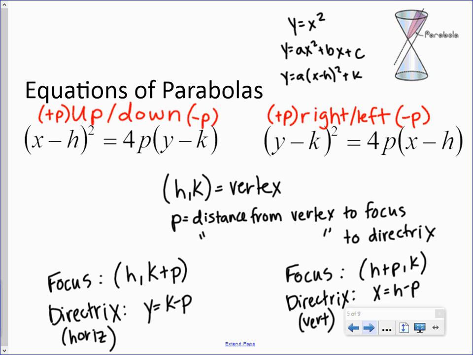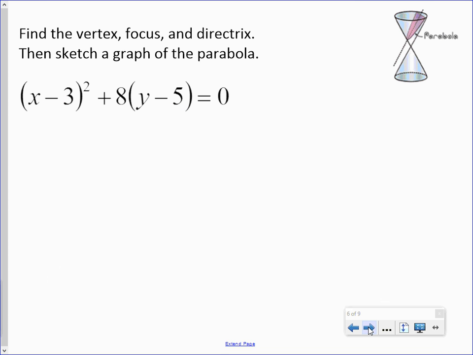Okay, so let's do an example where we can graph a parabola. We're going to start with this example right here. X minus 3 squared plus 8 times y minus 5 equals 0.